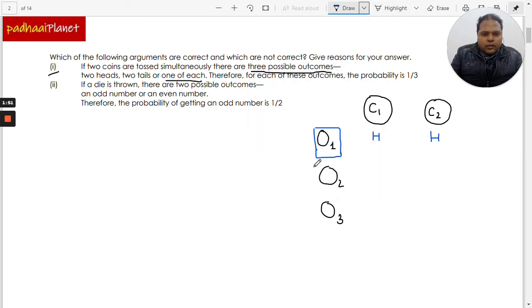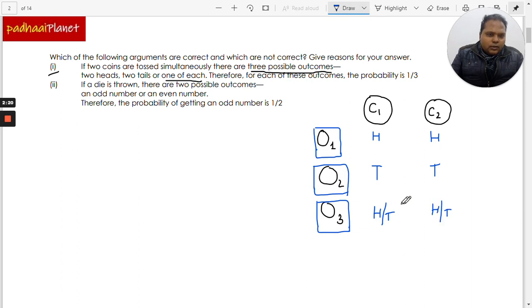We can write it like this. This is outcome number 2, and here both the coins have given tails. And in outcome number 3, any one of them can give any one of them, right? So it could be heads or tails. Similarly, from coin 2 also it could be heads or tails. It doesn't matter, right?